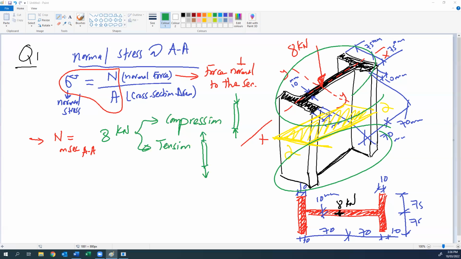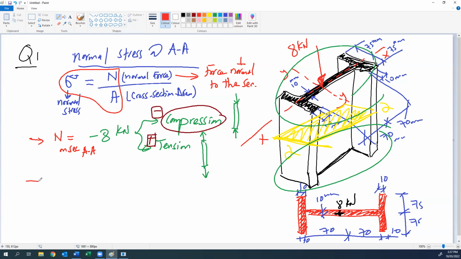Right, it is under compression, because if you look at section AA, the force 8 kilonewton is pushing on AA. We give compression a negative sign and tension a positive sign. So this force of 8 kilonewton causes compression, and we give it negative. Okay, so now we know the normal force.